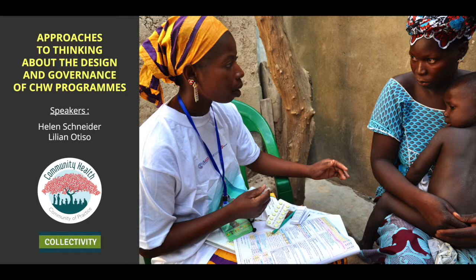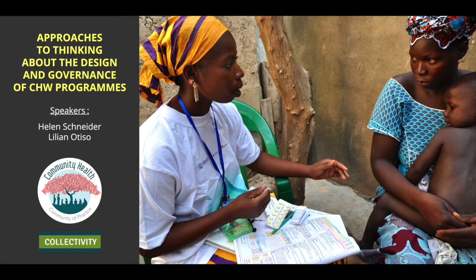And to conclude, building on what Helen and Liliane have presented, I think really moving from what to do, where the evidence is now here and there is a lot of lessons learned, to the how to do it is critical.